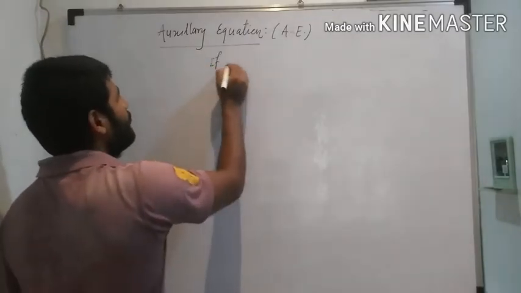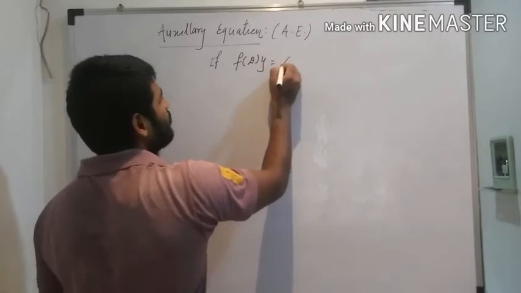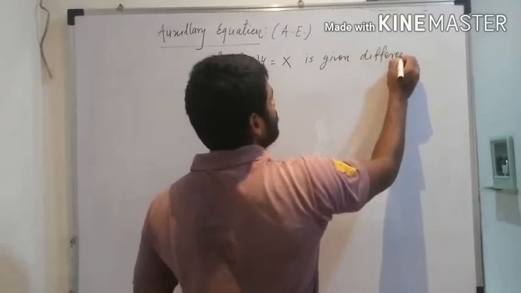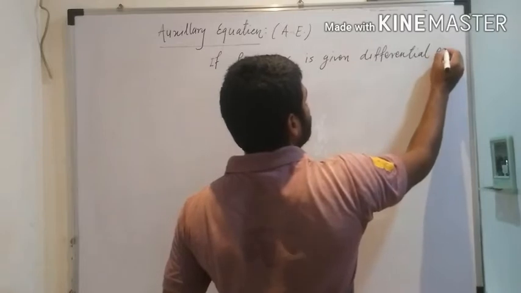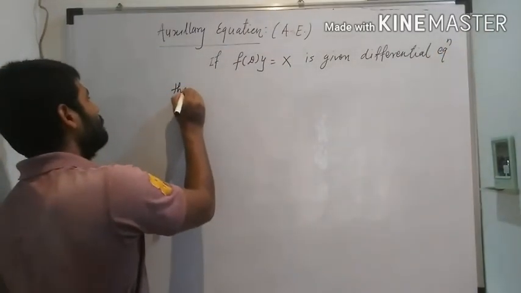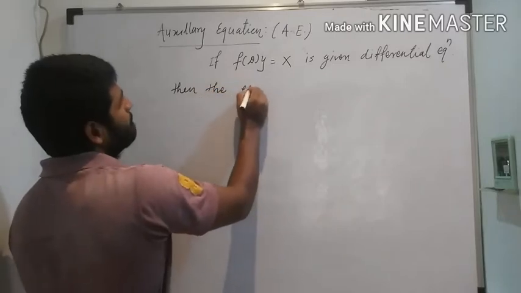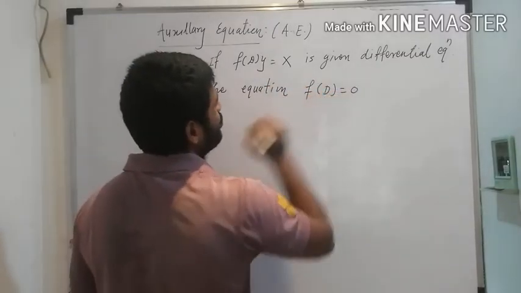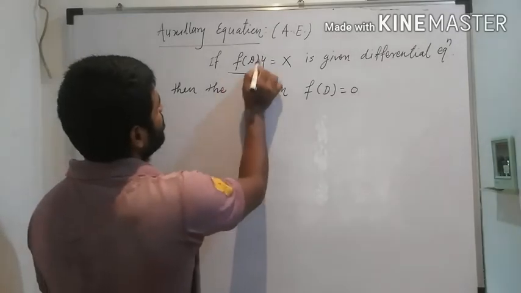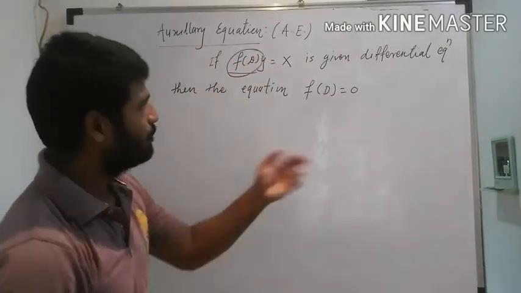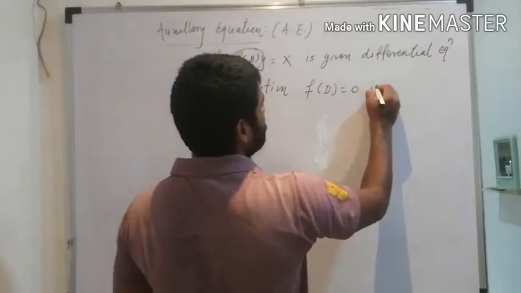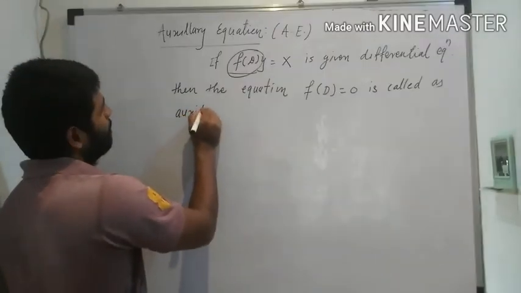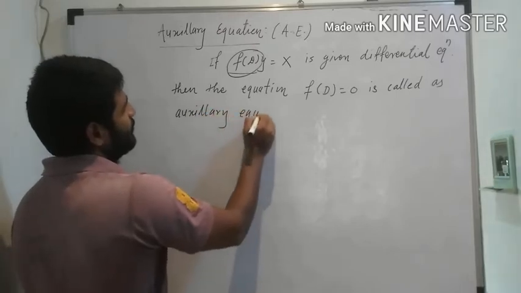So if f of capital D into y is equal to capital X is the given differential equation, then the equation f of capital D equal to 0, that is only this term, we have to consider only this term, f of D, we have to equate f of D equal to 0, is called the auxiliary equation.